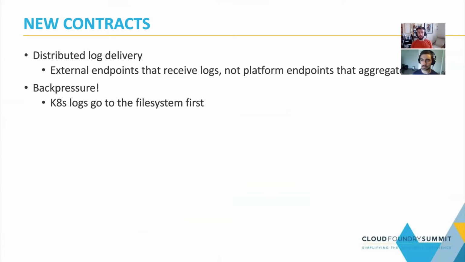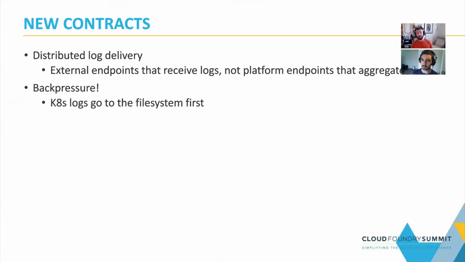Any integration that you want to have with a platform now just needs to understand simple RFC 5424. This could be an rsyslog cluster, or it can be any one of those third-party tools. Namely, aggregation of logs is difficult, and there are a bunch of products that do this really well. So our goal is to make a contract that makes getting logs from the platform as easy as possible.